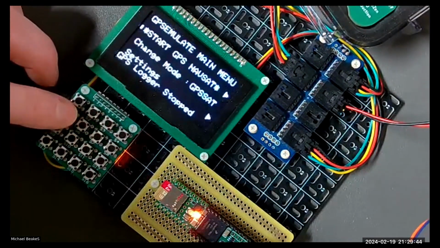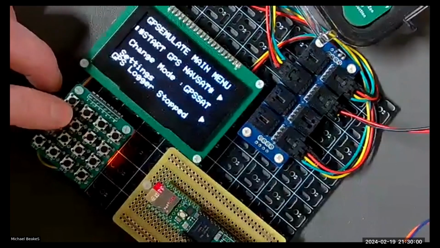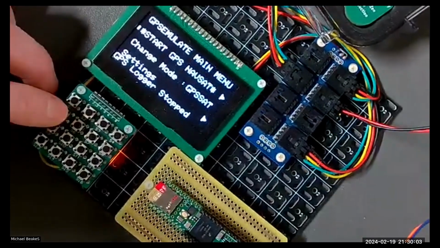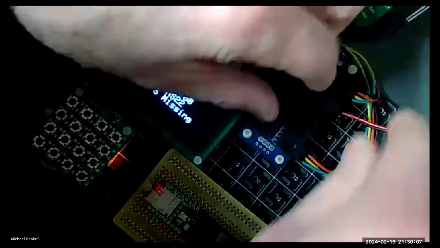Does it keep losing that connection? Michael, did you notice the difference between having the GPS on the cable or not? Yeah. I think it's an important exercise. For some reason, I have to reset this.